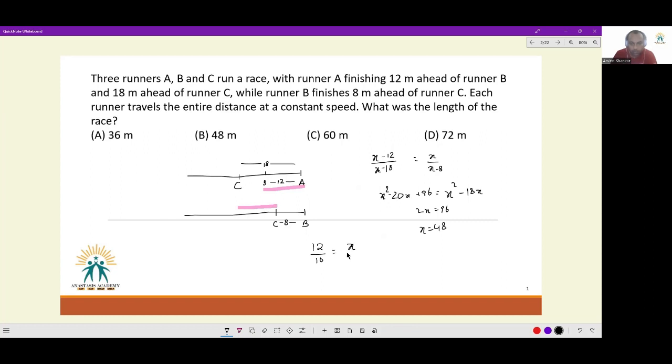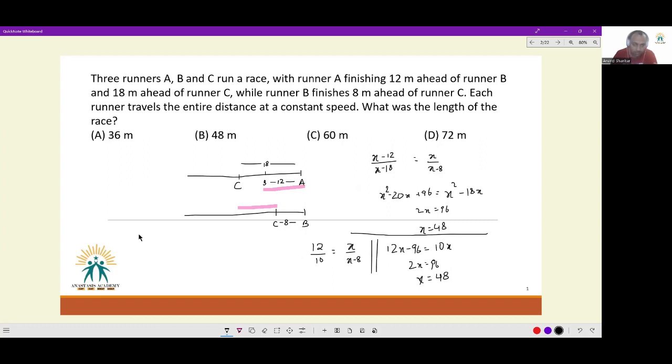This is equal to x by x minus 8. This will lead us to 12x minus 96 is equal to 10x, or 2x is equal to 96, or x is equal to 48. This way also we can arrive at our answer. The first one is the traditional way, the second one is slightly smarter.